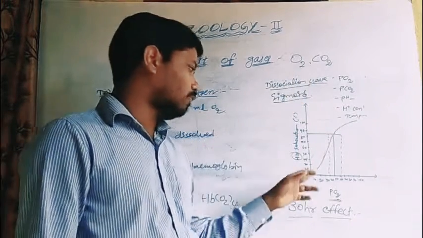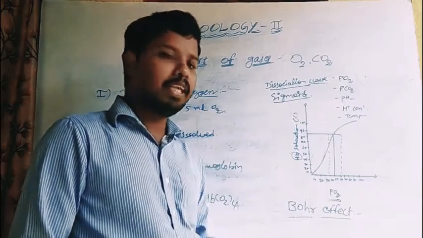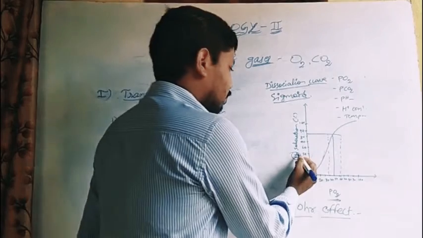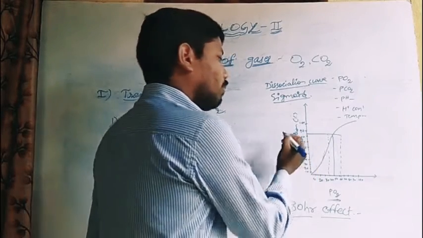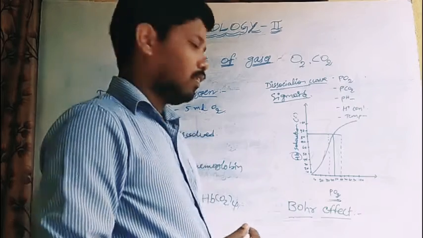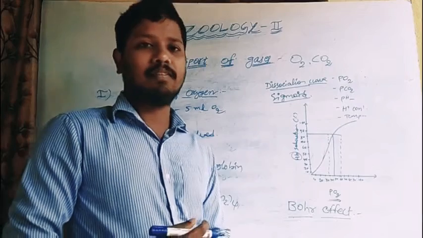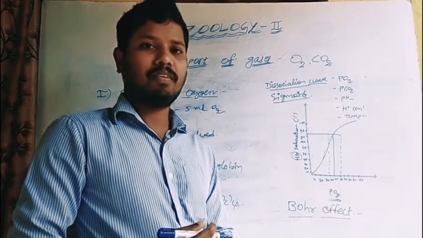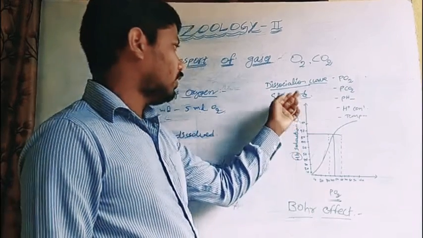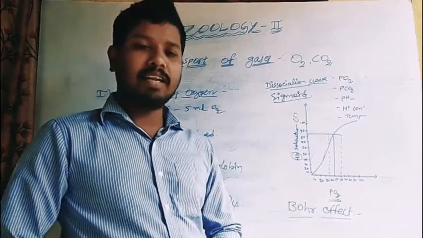oxyhemoglobin dissociation curve. It explains the relationship between the percentage of hemoglobin saturation and partial pressure of oxygen. This dissociation curve is also called a sigmoid curve or S-shaped curve.